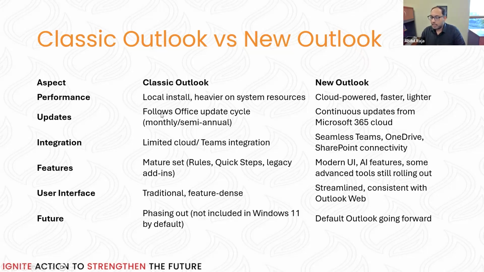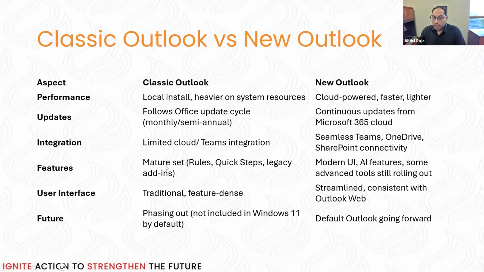The updates in the classic Outlook follow the Office update cycle, but the new Outlook has continuous updates from the 365 cloud. Integration is limited in the classic Outlook with Teams, but over here you will find that it is seamlessly integrated with all Microsoft products, whether it's Teams, SharePoint, OneDrive, and all other apps, Bookings, whatnot.